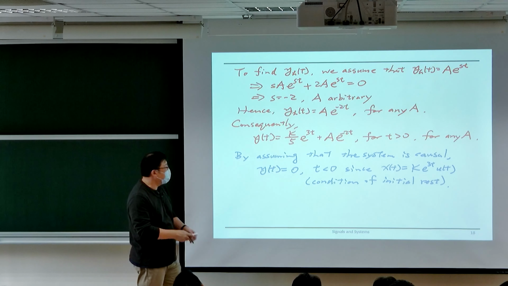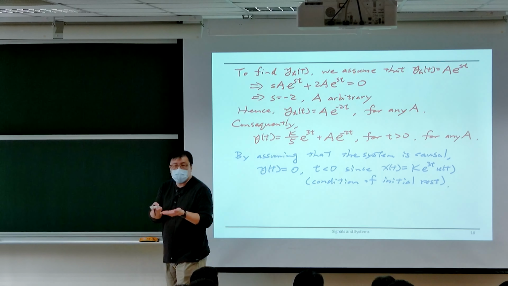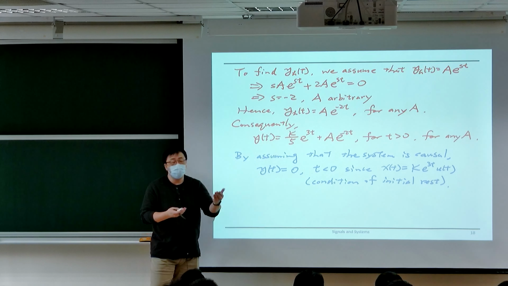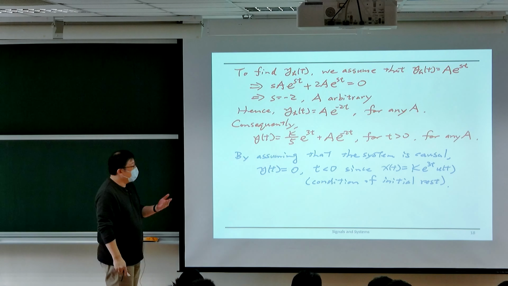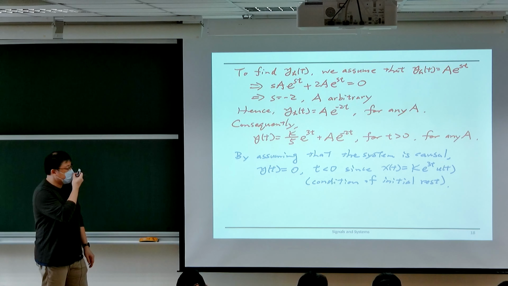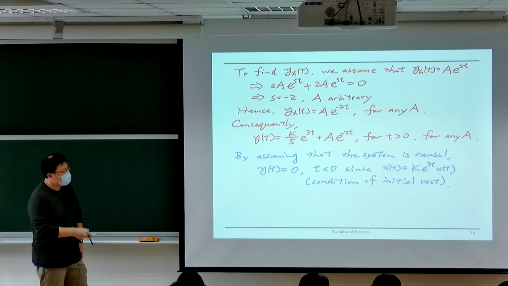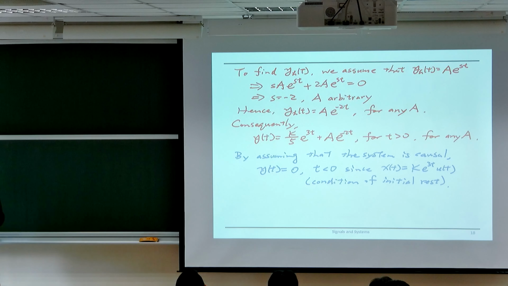Sometimes, a system may have some accumulated state that produces a non-zero output even before the signal arrives. But here, if you assume that the system is causal, then this implies that y of t is 0 for t less than 0, which corresponds to this condition of initial rest.